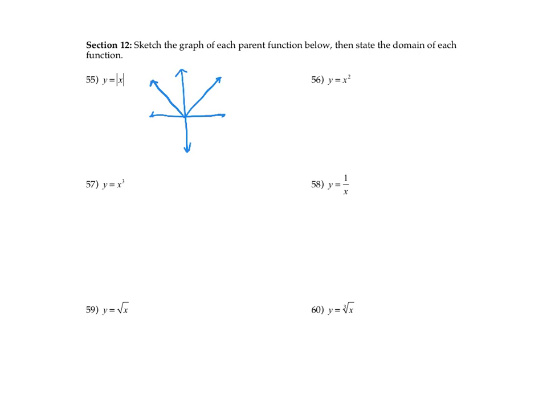When we're asked to state the domain, we need to think of all possible values of x that can be used. So there are a couple different ways to write this. The domain can be written simply as all reals, like the capital letter R with that funny line there, and that means all real numbers.